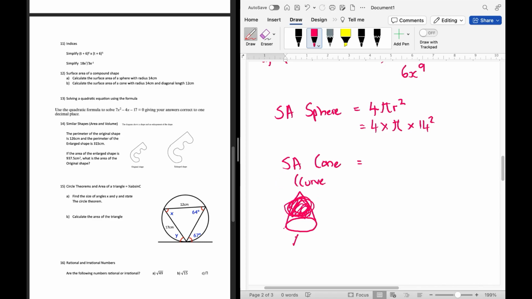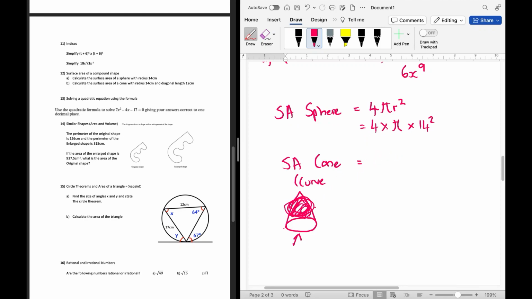You're not including the area of the bottom, which is a circle. In a lot of questions, you might not need the bottom because the cone might be stuck onto something else, so you only need the curved bit. But the formula is only working out the area of the curved bit. If you wanted the underneath as well, you'd have to add another circle on, I guess.